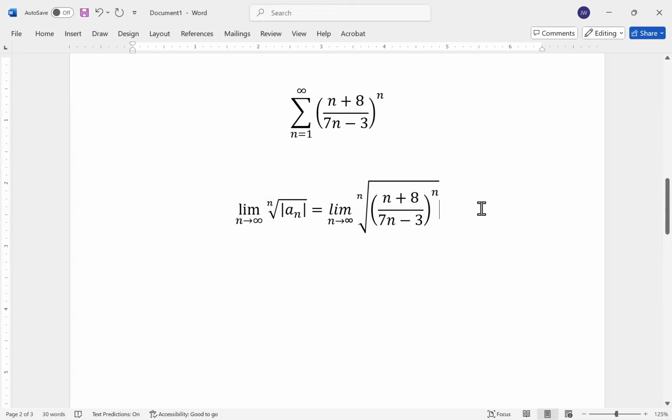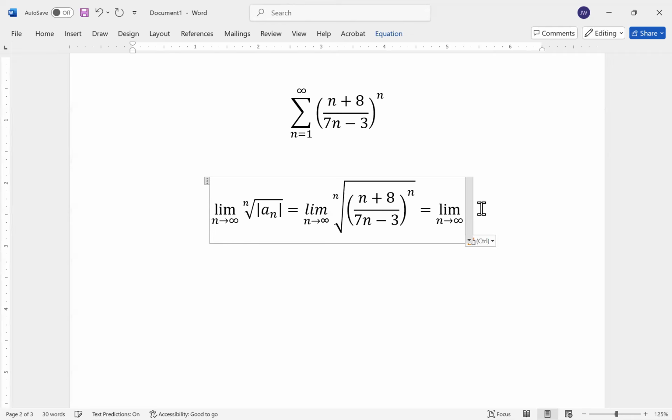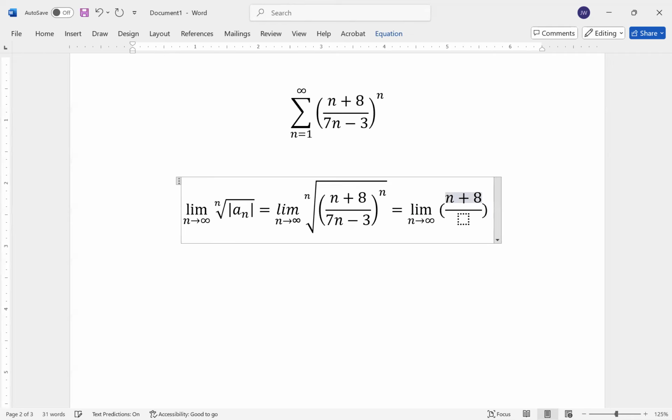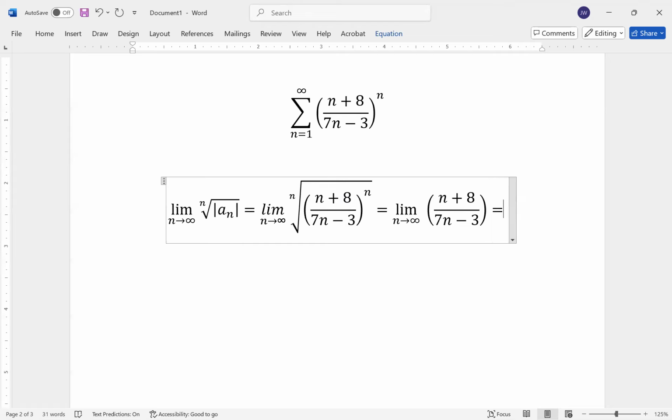So the nth root of the nth power cancels, and I'm just left with the limit of the ratio n plus 8 divided by 7n minus 3, which is the limit of polynomial over polynomial.